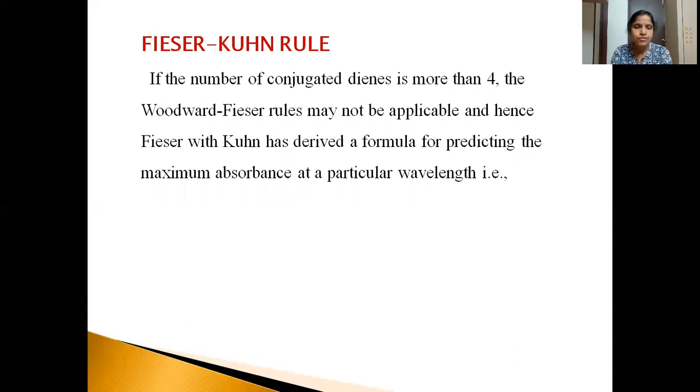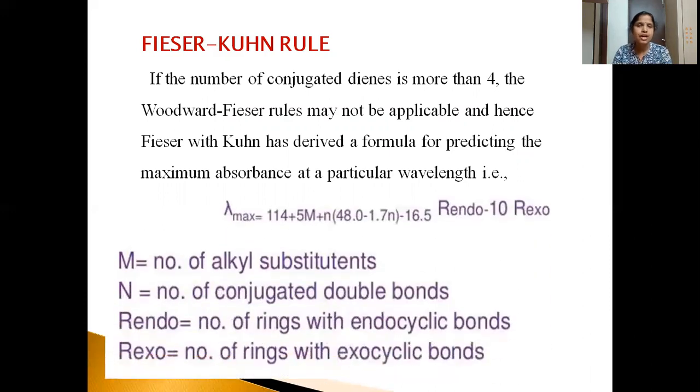They have given a formula for calculating the lambda value of such polyenes. Lambda max is equal to 114 plus 5m plus n into 48 minus 1.7n minus 16.5 into R endo minus 10 R exo.